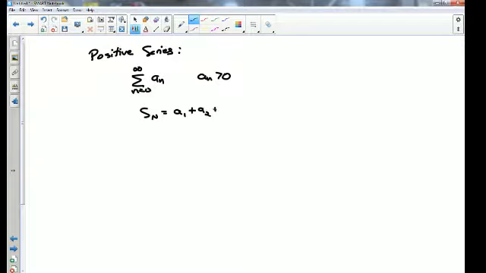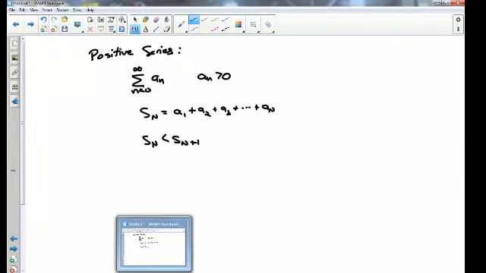If you're adding the terms up, you're going to add them all, and there's no negatives there. You could also write it like this. The term is always less than the term after it because you're adding something to the next term, right? So here's another way to note that a series is positive.